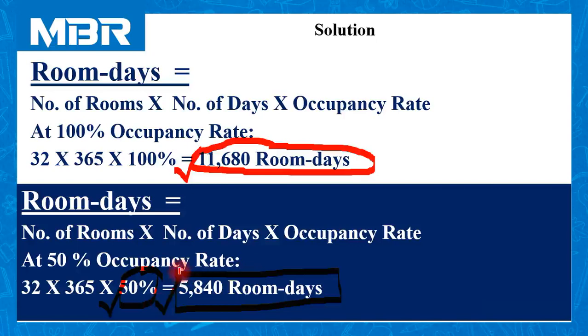5,840 room days are considered for the calculation of income or revenue or any other variable expenses, because variable expenses are paid when the rooms are occupied, and for this purpose it is necessary for us to classify the expenditure as per the information given in the first part of our question.